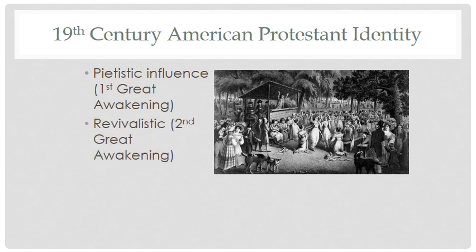Now, the First Great Awakening was in the 1730s and 40s, influenced by people like George Whitefield, Jonathan Edwards, and to a certain extent, John Wesley, though his influence was more directly in England.